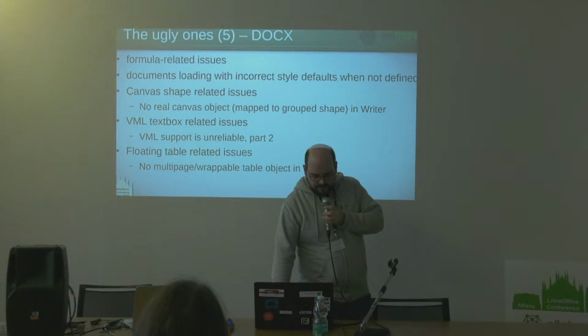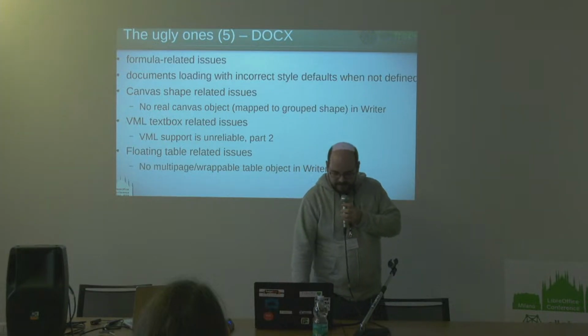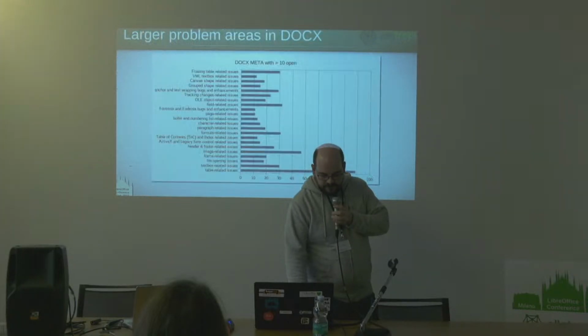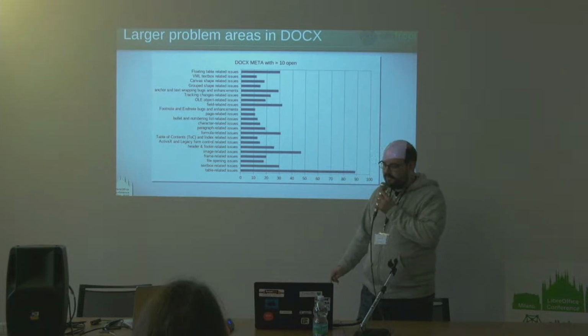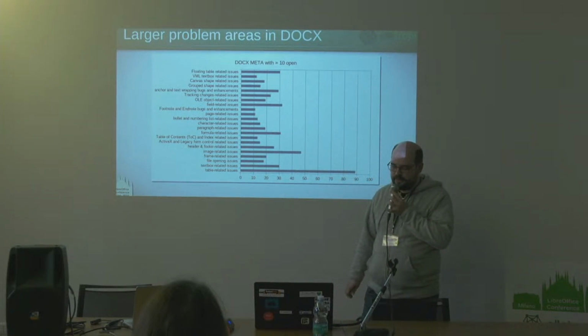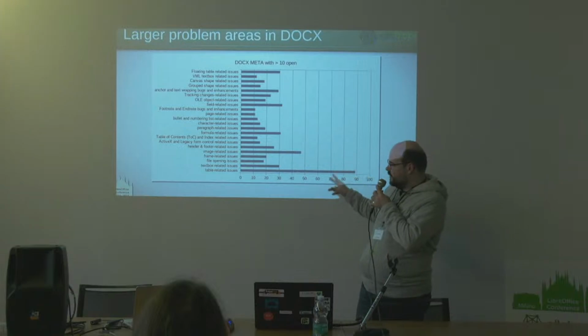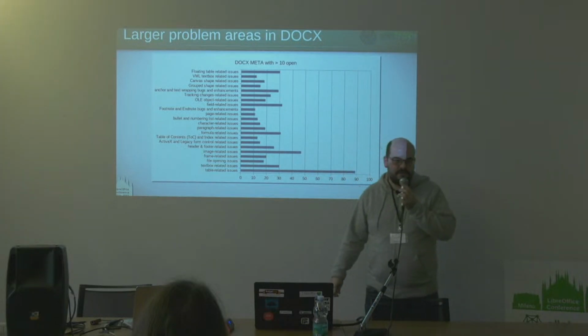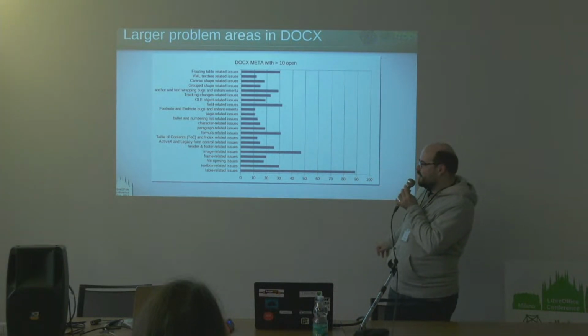And for the last slide of docx, a little bit of chart highlighting what is really a bad situation in all those categories. This is the number of open bugs in the meta bugs.